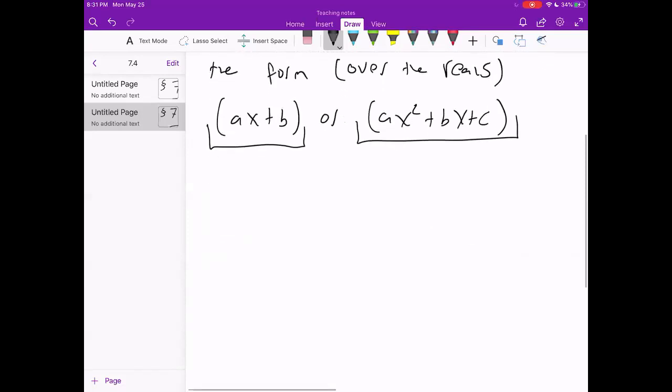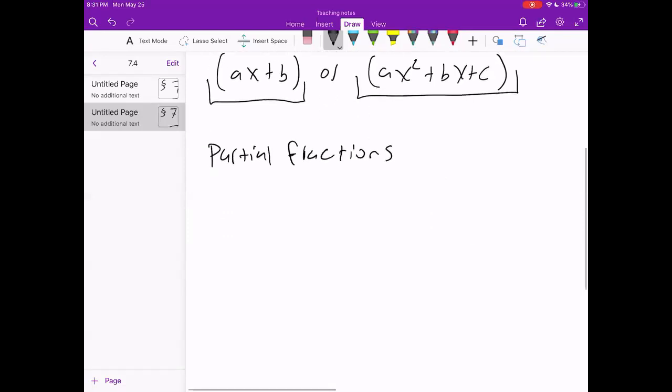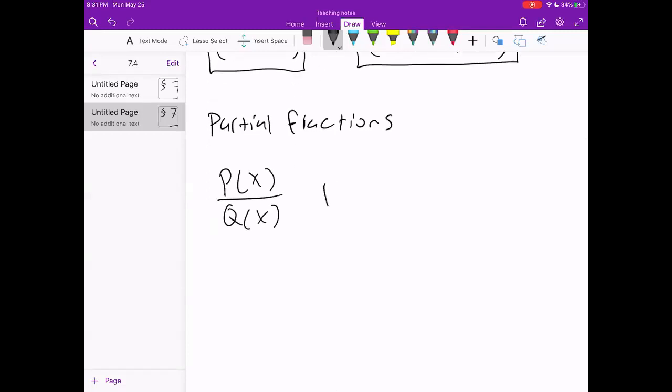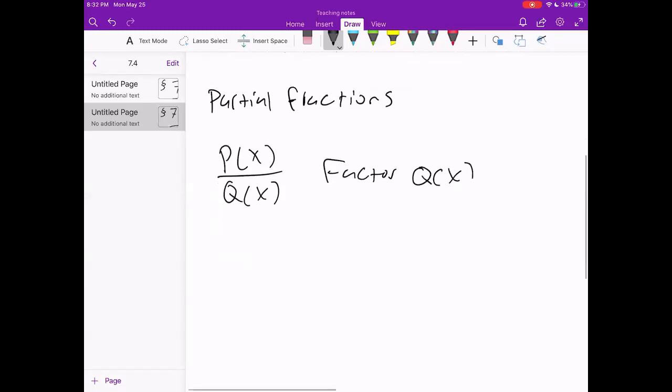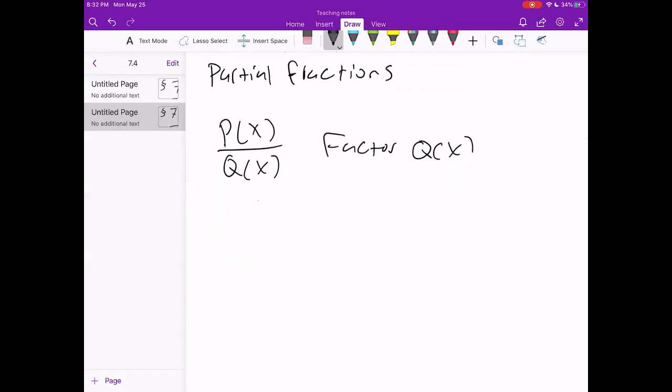So the idea behind partial fractions is, if I have two polynomials divided by each other, so if I have p of x divided by q of x, I'll be able to factor q of x into, q of x is equal to a1 x plus b1, a2 x plus b2, and the a's and b's don't have to be different.